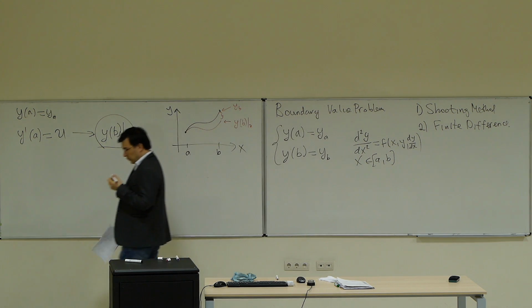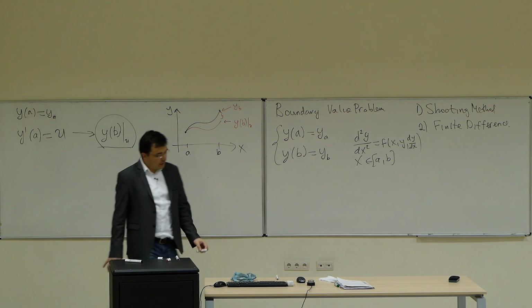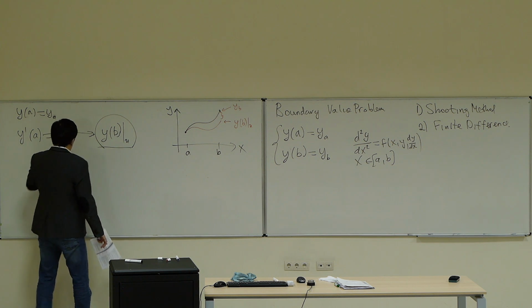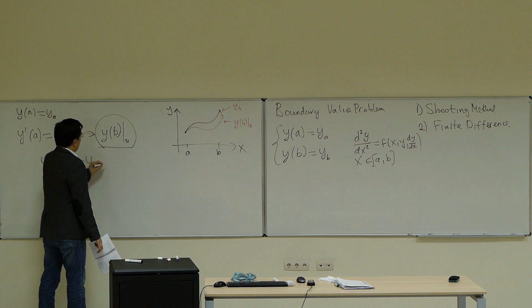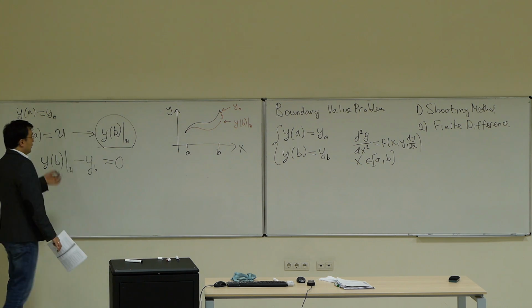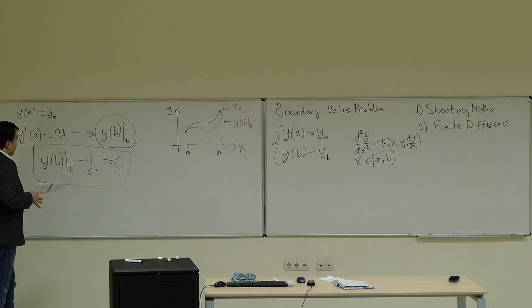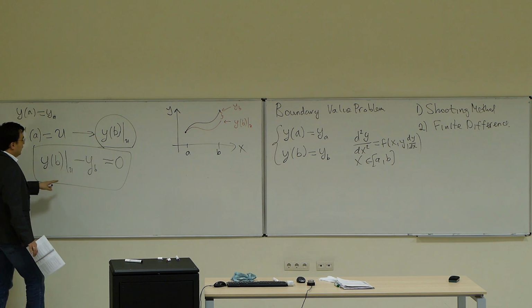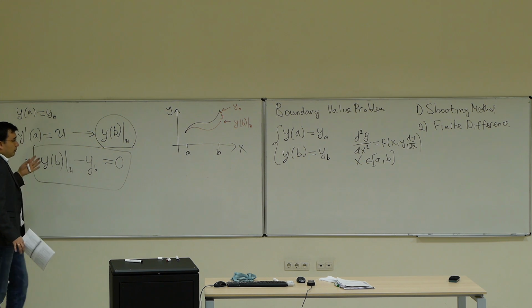So what I can do is try to minimize the following function: yb calculated using some guess u minus yb, the actual value, should become 0. Ideally, these two should become 0. And this is a root finding problem now. In other words, I have to find such u that makes this expression 0.